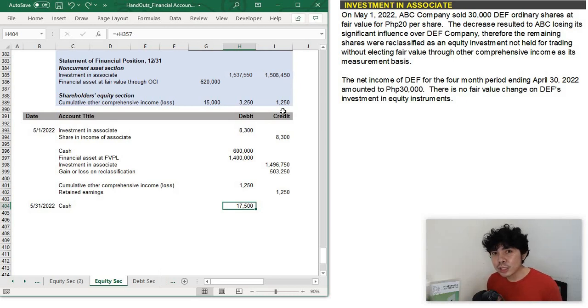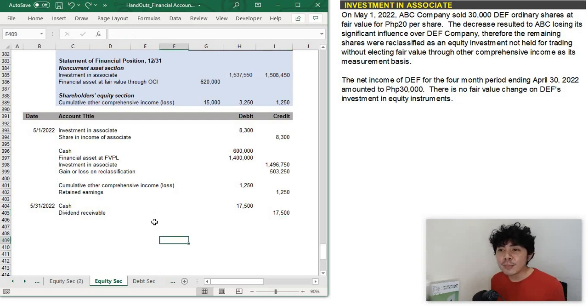Kapag dividends on kasi, dalawa ang binibenta mo. Binibenta mo yung shares at yung related na dividendo. Pero kapag ex-dividend, pwede mong ibenta yung shares without selling the related dividends. Kaya tayo ay debit cash, 17,500 at credit dividend receivable for 17,500 pesos.